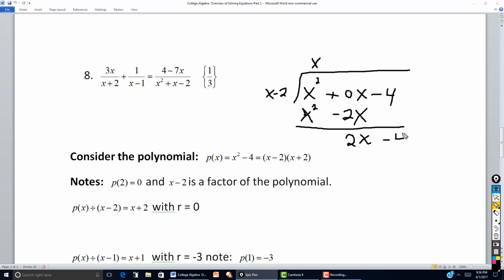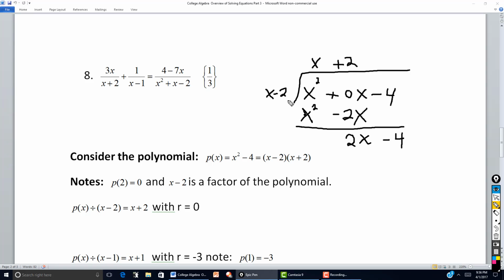And then we continue the procedure until the degree of this remainder here is less than the degree of the divisor. This is degree 1. This is degree 1 over here on the x. So we can keep dividing. x into 2x would give me 2. The x's cancel.